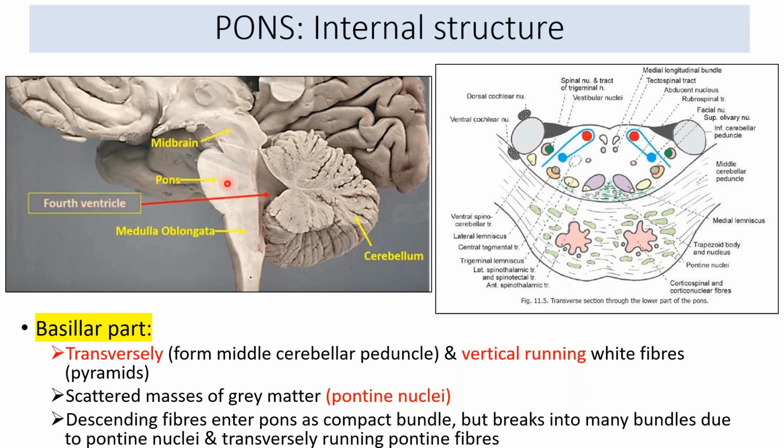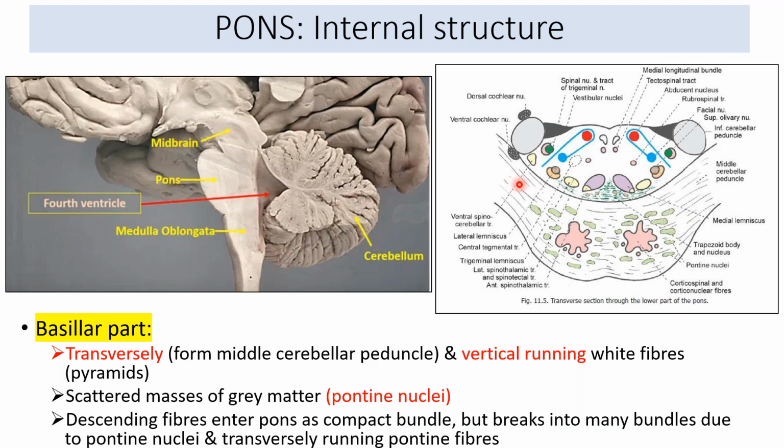But once they reach the pons, they break into many bundles because there are many pontine nuclei and transversely running fibers also. That is why this distorted shape of the corticospinal and corticonuclear fibers is seen, because of the interspersed pontine fibers in between. So they are scattered now at the level of the pons, unlike in the midbrain, where they were in the shape of a compact bundle.